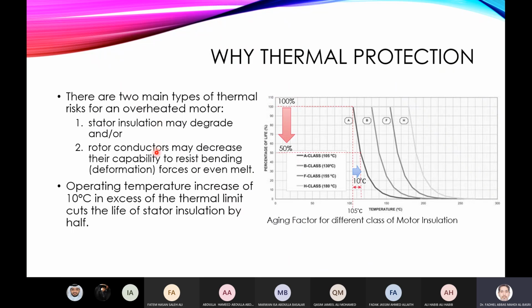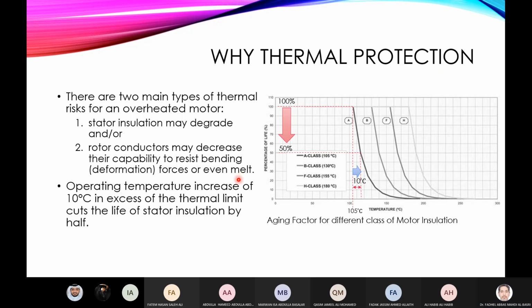And also, the rotor conductors may decrease their capability to resist bending, so they will be deformed, and it can even lead to melting of those rotor winding or parts.